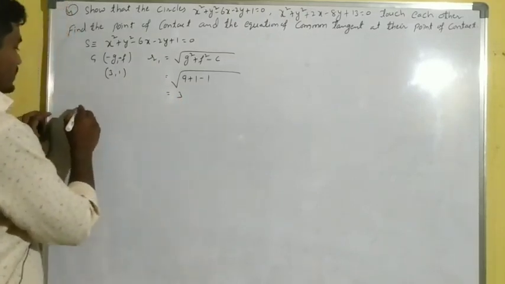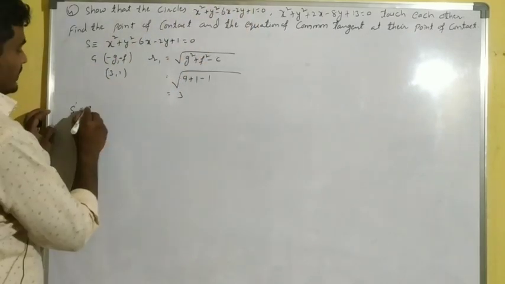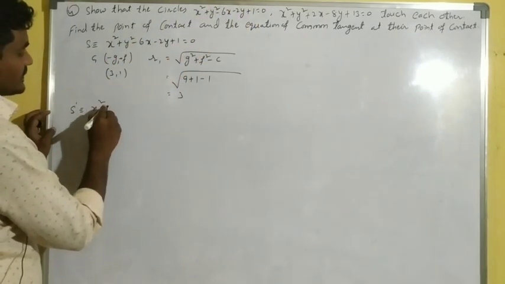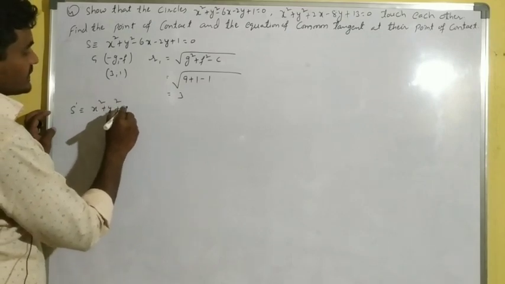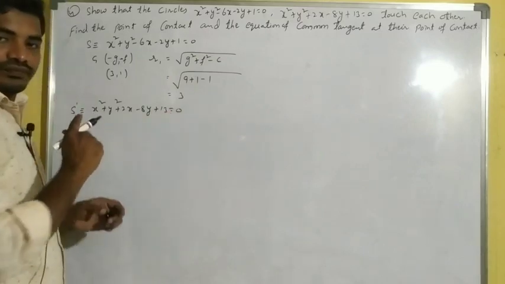Similarly, we have to find for S dash, which is the second circle. The second circle is x square plus y square plus 2x minus 8y plus 13 equals 0.